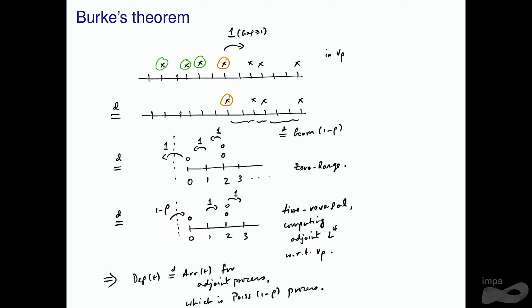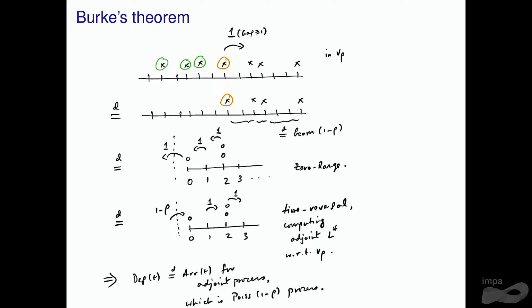Since I'm starting from Bernoulli rho, the gaps between this particle and this particle, this particle and this particle, are independent geometric random variables. A gap is a failure, and a success is when you get to a non-gap.